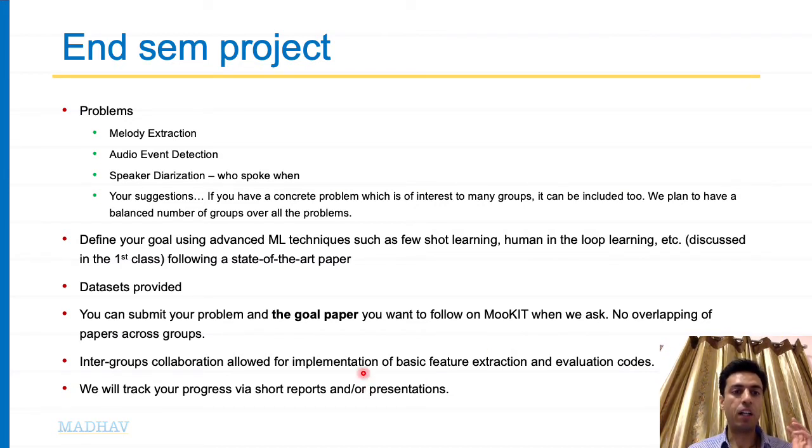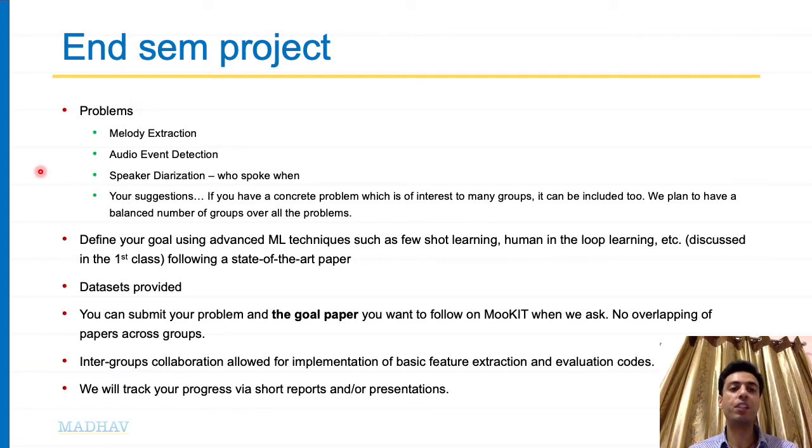Now, intergroup collaboration is possible, because many of you might not be from a signal processing background, so you may need some help for initial feature extraction. So we allow intergroup collaboration amongst you, but only for implementation of basic feature extraction and evaluation codes, because ultimately you have to evaluate your methods.